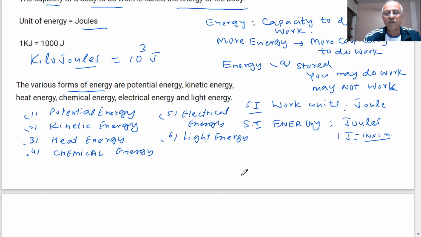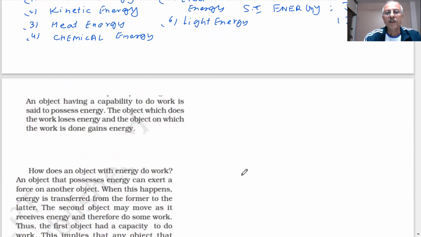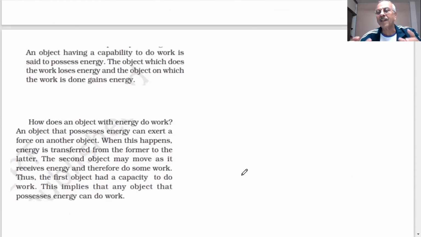Joule. Okay. That means all these energies have the capacity to do work, or when work is done, there will be a change in energy. So an object having a capability to do work is said to possess energy. I have energy. You have energy. You are sitting on a chair. You are not using it, but you can start walking, running, you can get up.